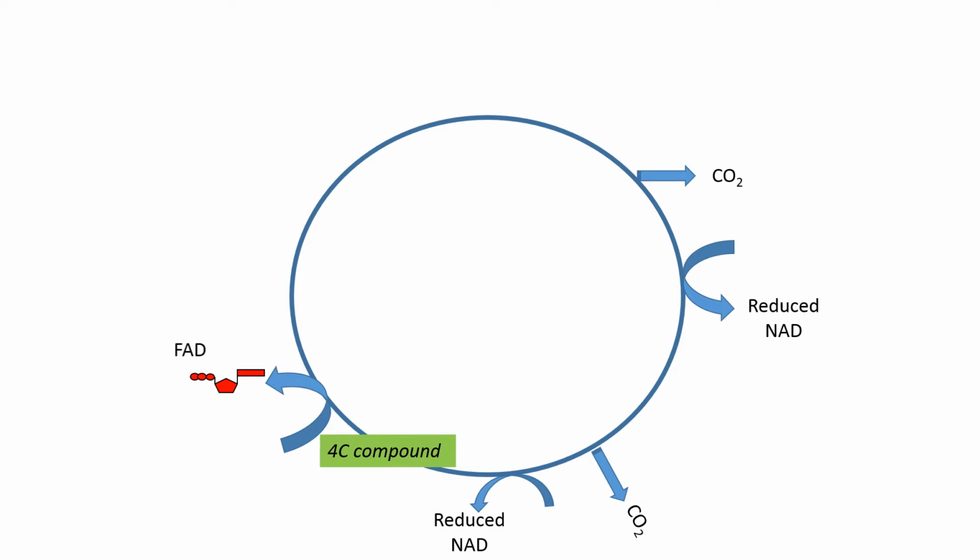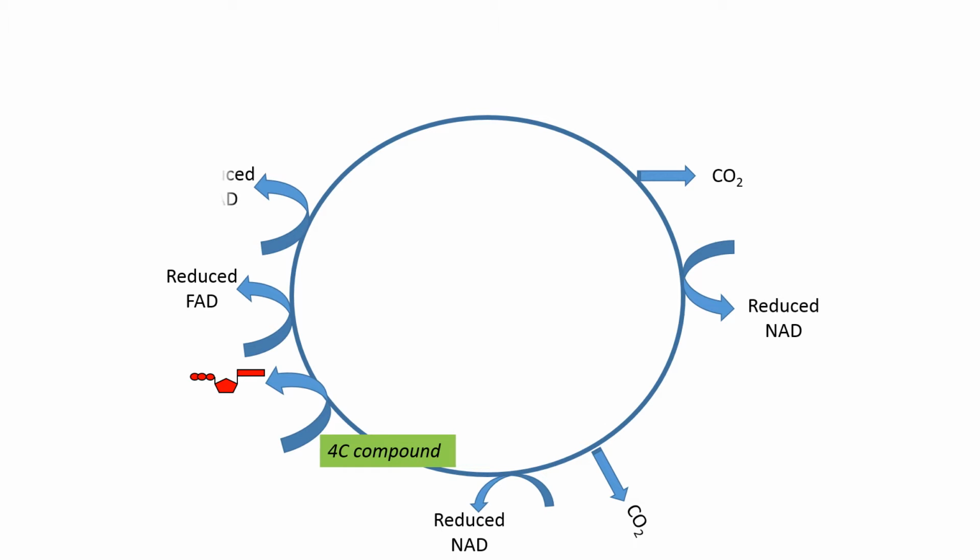FAD comes in now, the other coenzyme. It reduces the 4-carbon compound to make reduced FAD. So it's another dehydrogenation. And we get our final dehydrogenation, reduction of NAD to make reduced NAD.